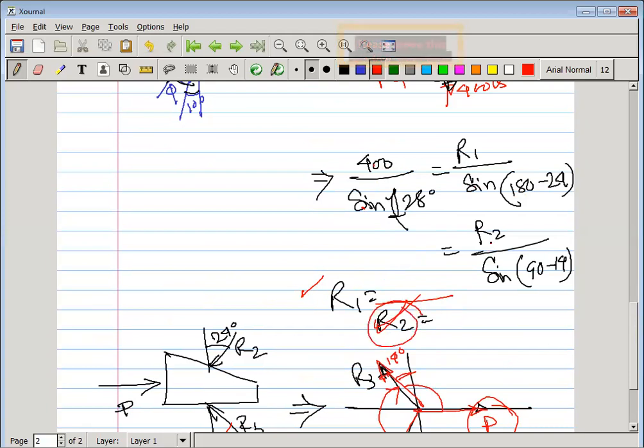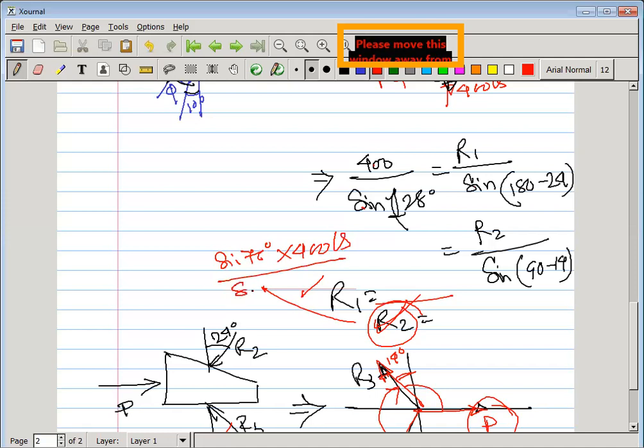Better to just find R2. R2 is nothing but sine 90 minus 14, which means 76. So sine 76 degree into 400 pound divided by sine 128 degree. So please tell me, what is the value?